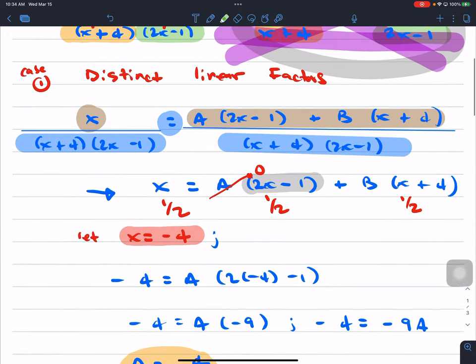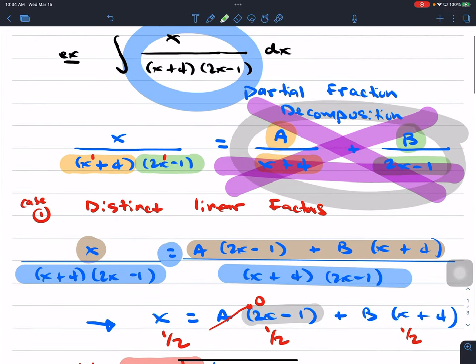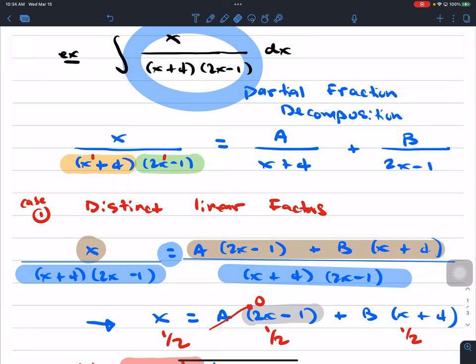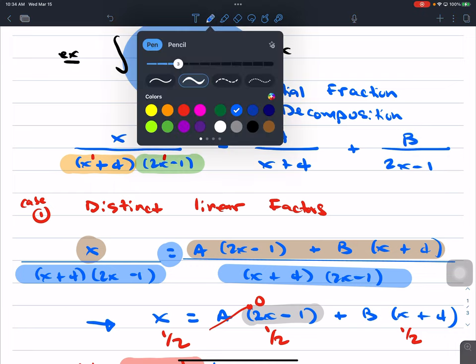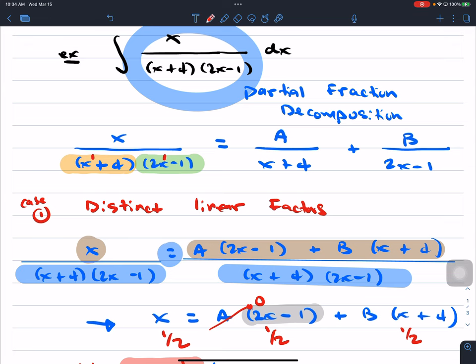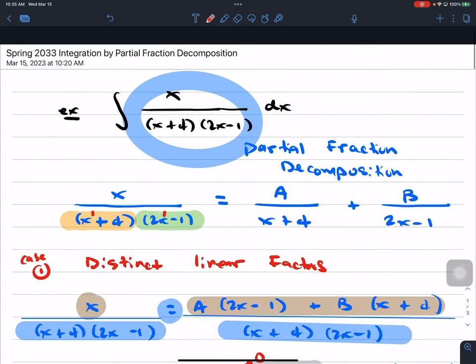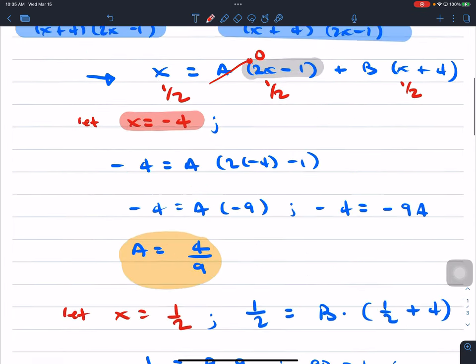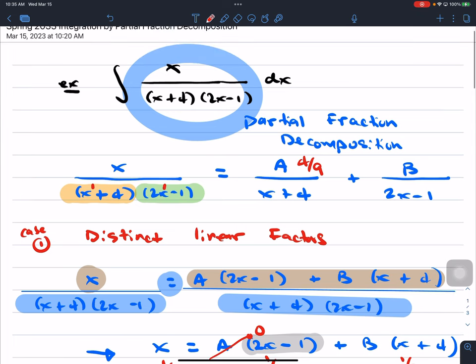So the whole idea, ladies and gentlemen, is to replace A with what it is, B with what it is. What was A again? 4/9. So this is going to be 4/9. What was B? 1/9. Okay.